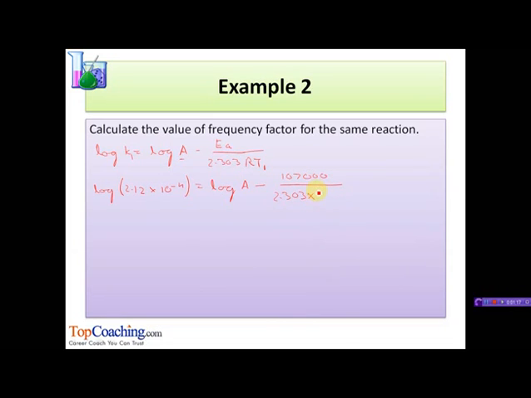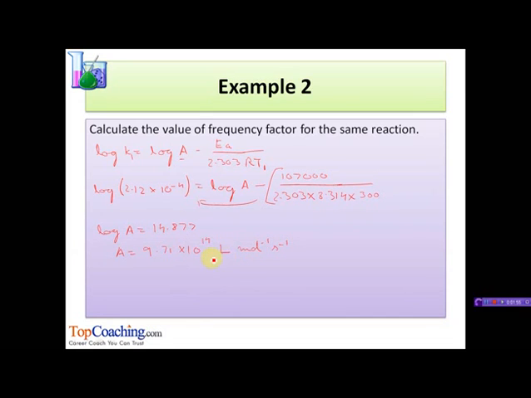We know the value of R, that is universal gas constant, it's 8.314 into T1, that is 300 Kelvin. So if we solve this equation and bring this part to this side, then we get log A is equal to 14.877, or A is equal to 9.71 into 10 raised to 15 liter per mole per second.